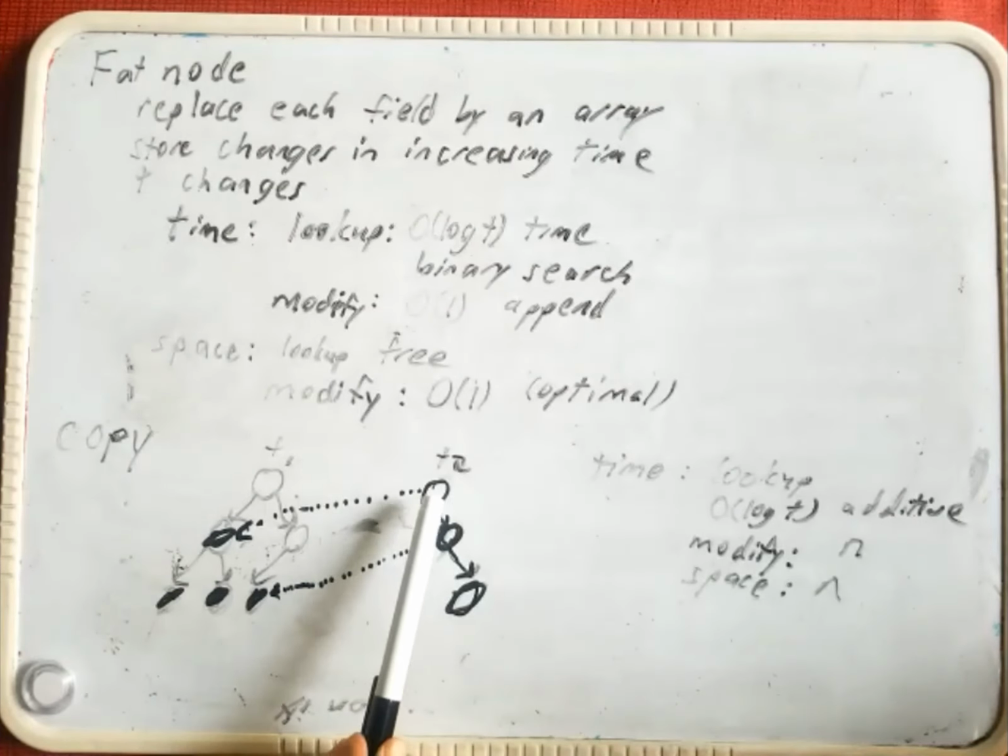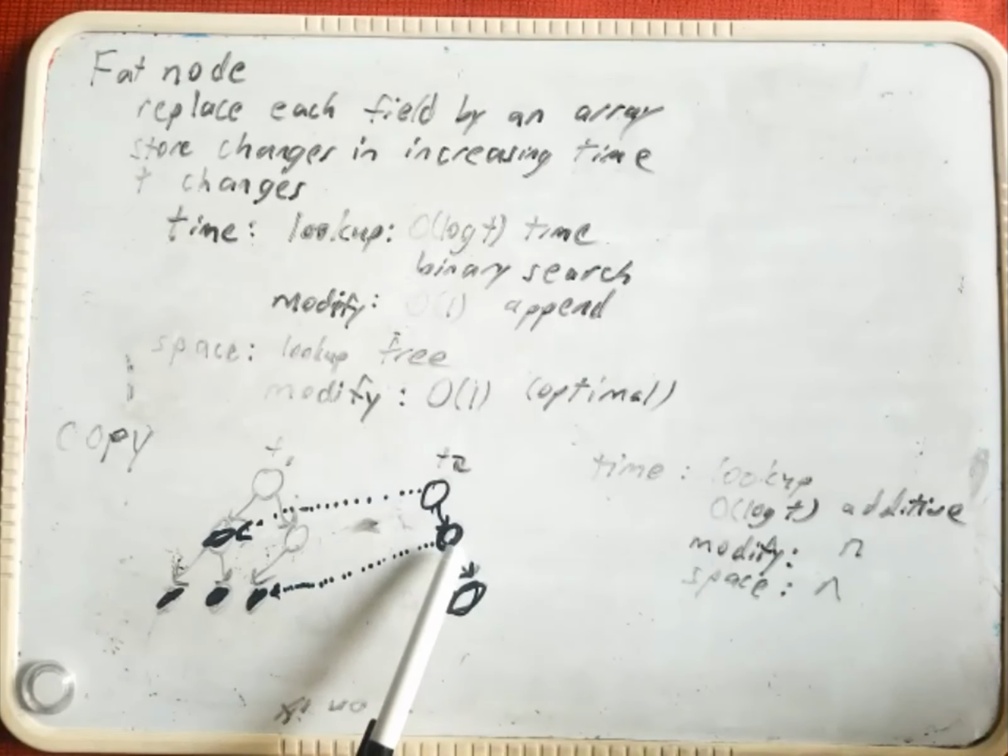And I will not know whether a pointer that I follow goes to a node that was created as a copy or goes to a node that is unchanged from a previous time, right? The experience will be the same. So I still have an additive log t cost for lookups, but I'm getting the modification and space costs down.